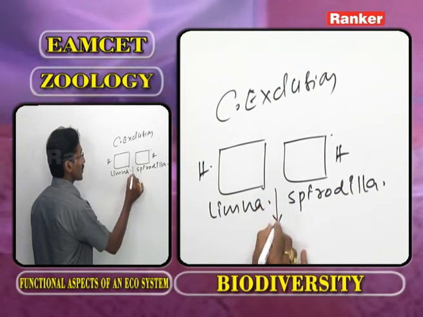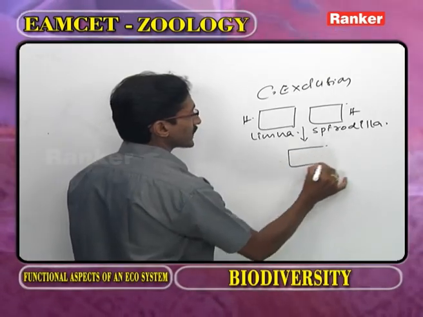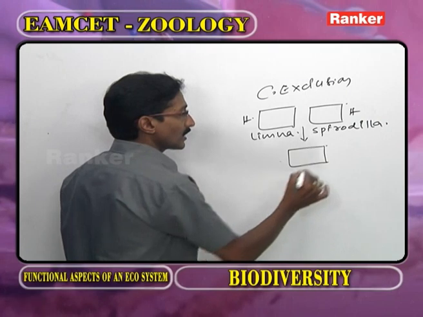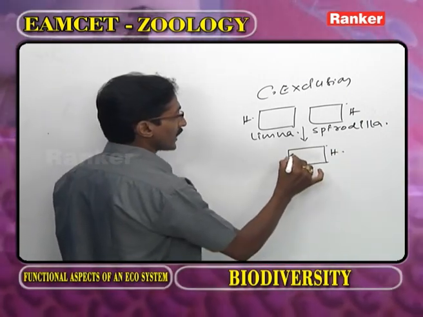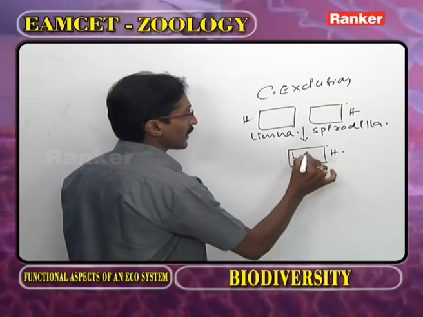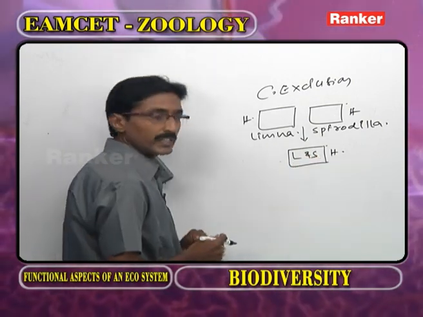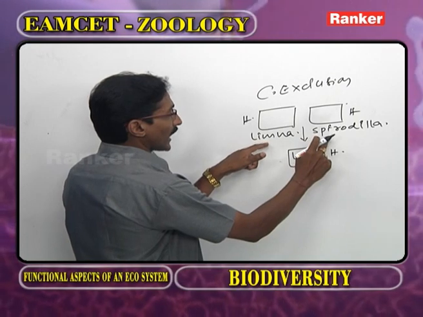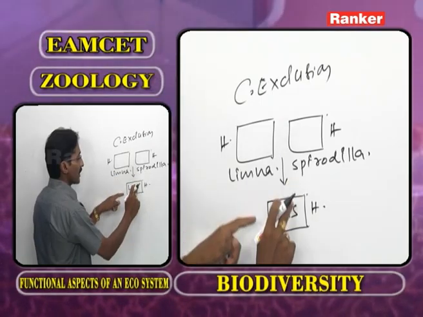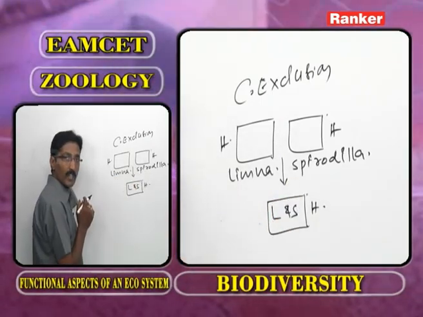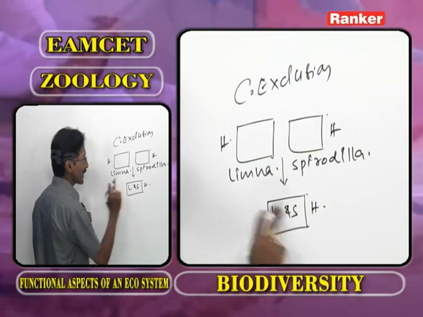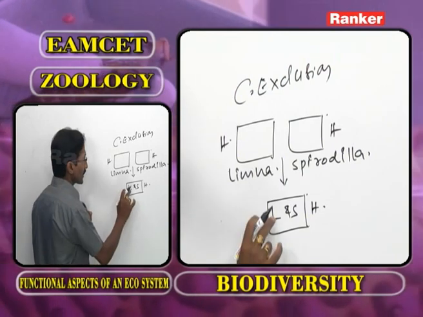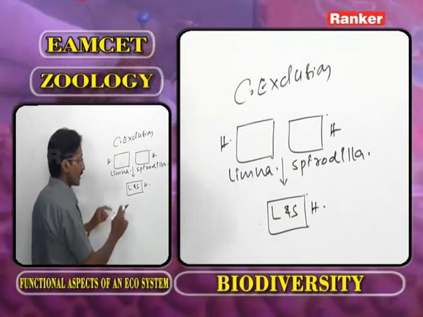Now these two are kept in the same habitat. Now this is one habitat. In this habitat we kept the Limna as well as Spirodela. Whenever these two aquatic weeds are kept in the same habitat, this is the superior one and this is the inferior one, or this is the dominant one.